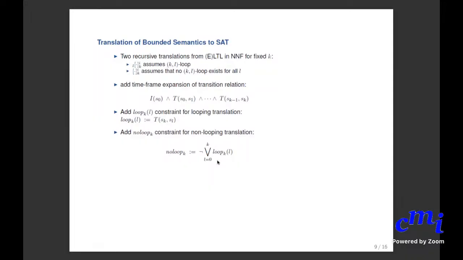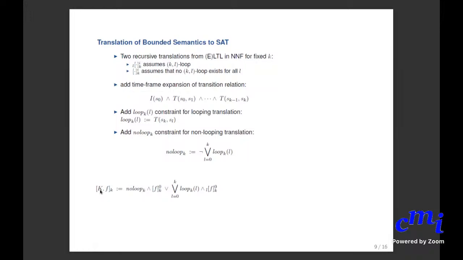Therefore, what we have is the complete translation that leverages the bounded semantics definition of translating an LTL formula into a BMC formula, as follows.